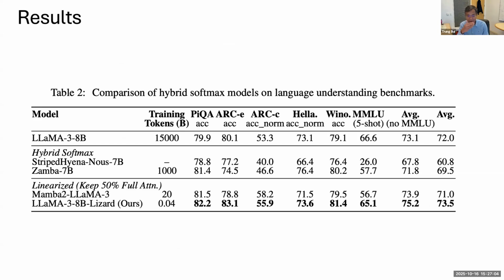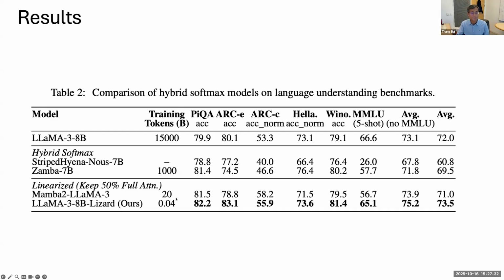It means we retain maybe half the number of layers with full attention and change the other half to linear attention. We see that with this approach, when we keep half full attention, we have even better performance compared to completely changing all full attention layers to linear attention.